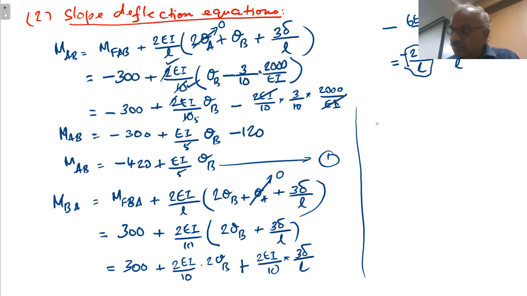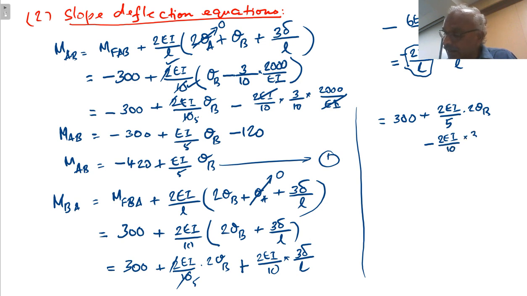So equal to 300 plus, as usual, 2EI by 5 into 2 theta B. Now this is minus 2EI by 10 into 3 into delta, where delta is minus 2000 by EI. Therefore it is 2000 by EI. So EI will get cancelled.